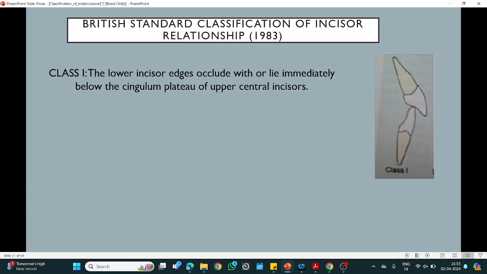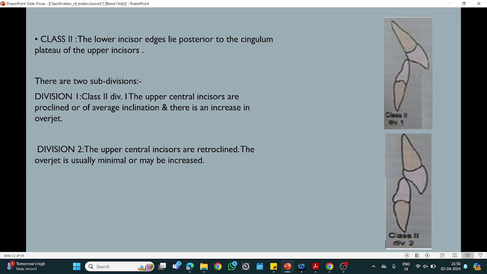The last is the British Standard Classification of Incisors, in which class 1 malocclusion involves the lower incisor edge occluding with or lying immediately below the cingulum plateau of the upper central incisors. Class 2 is where the lower incisor edge lies posteriorly to the cingulum plateau of the upper incisors. There are two subdivisions, class 2 division 1 and division 2.